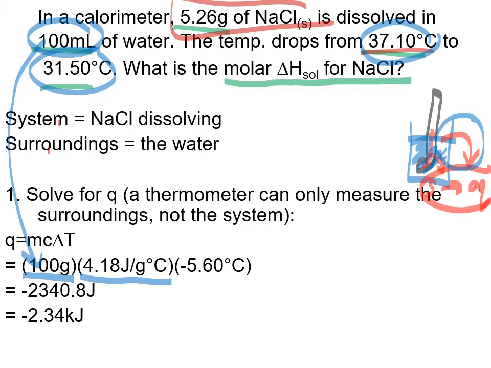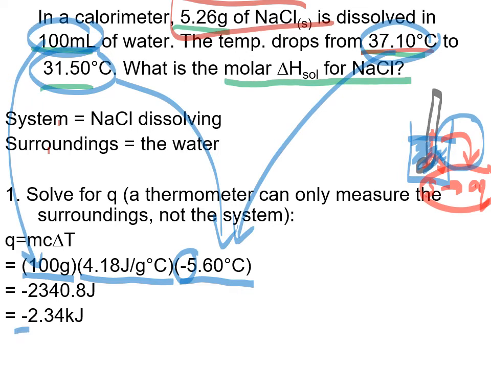We're using 4.18 joules per gram degree Celsius as the specific heat capacity of water, and the change in temperature, the final temperature minus the initial temperature, is going to be negative 5.6 degrees, and it's really important that you put that in as a negative. That way your answer will come out with the right sign on it. And so this ends up being negative 2,340.8 joules. That is moving from the water into the process of dissolving the crystal.